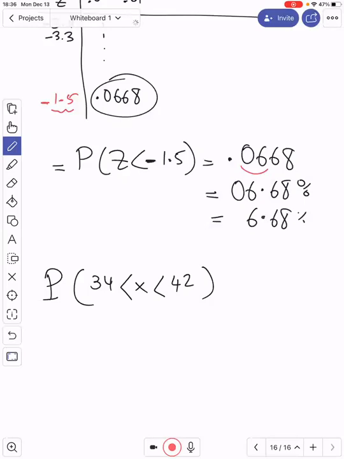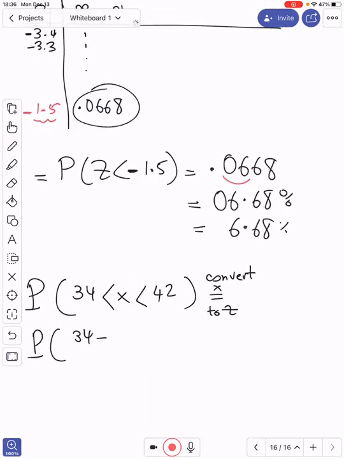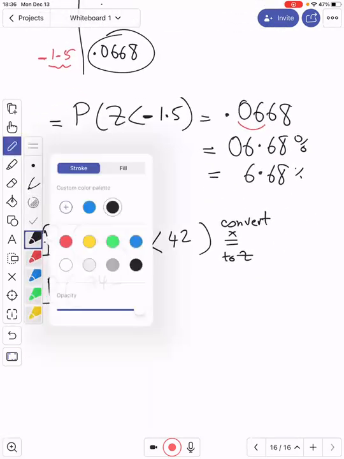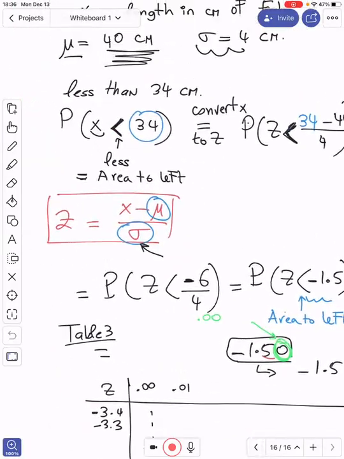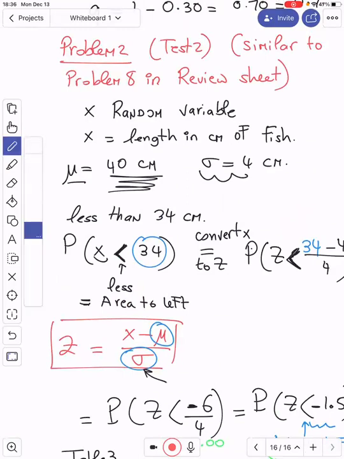So you convert x to z. You subtract the mean as usual. You take this number here, 34. So here is again my 34. And then you subtract the mean, which in this problem, the mu, is 40 centimeters.